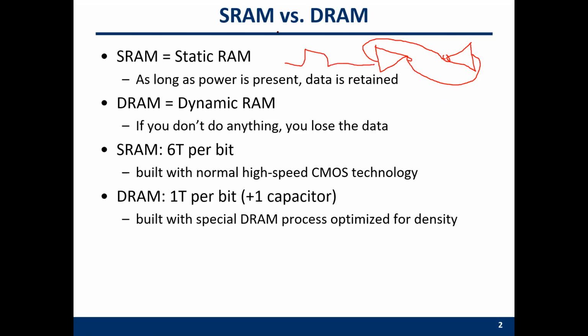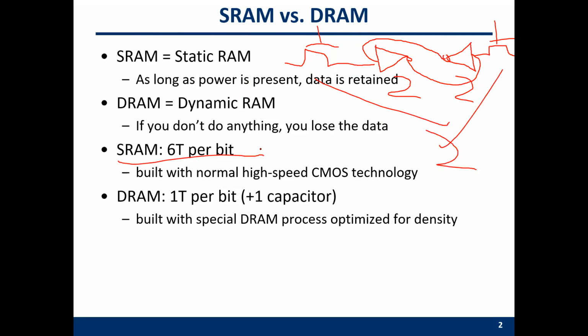Besides that, there are access transistors. In total, we have two transistors for one inverter, another two for the other inverter, and two access transistors. So in total, we have 6 transistors for each cell to store one single bit.